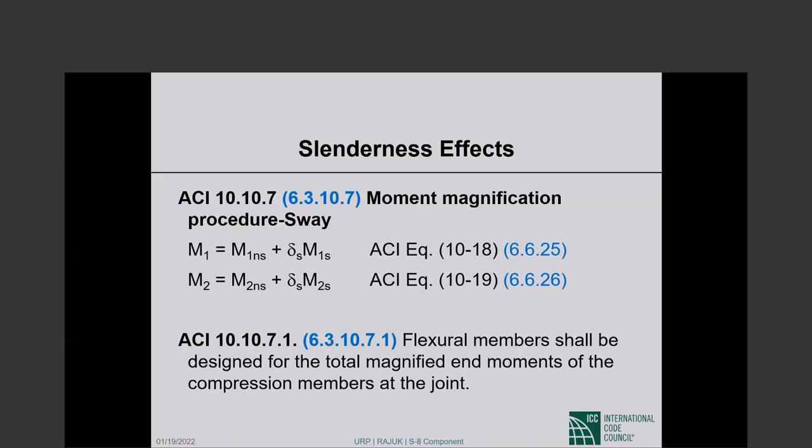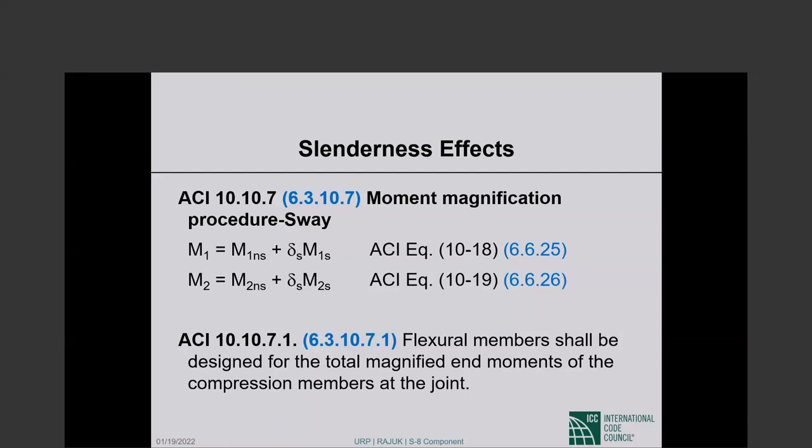M sub 1 S: factored end moment on compression member at the end at which M sub 1 acts due to loads that cause appreciable side sway, calculated using a first order elastic frame analysis. So I think that gives you the best idea and explanation.